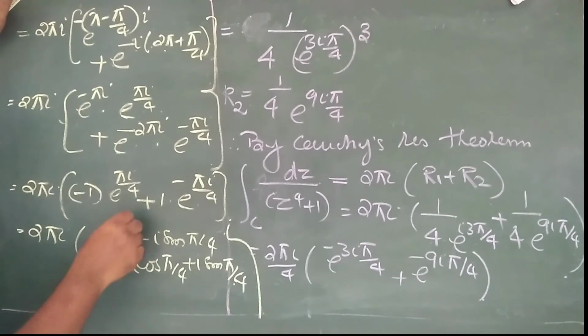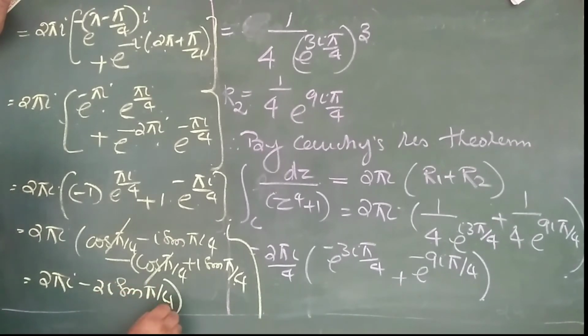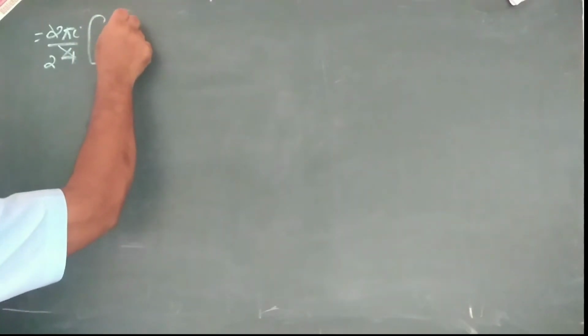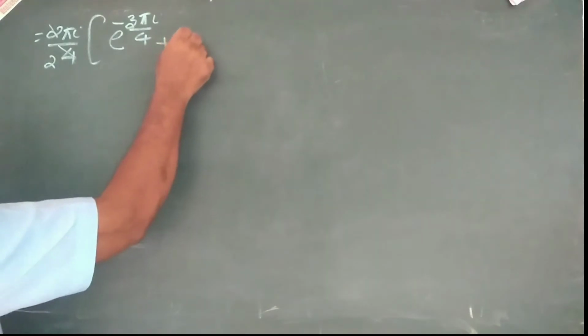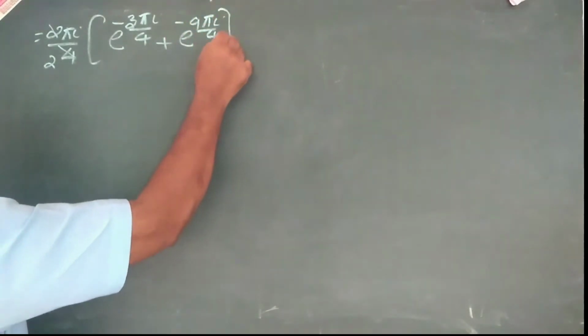So here cos pi by 4 cancels. That is equal to 2 pi i into minus 2i sin pi by 4.